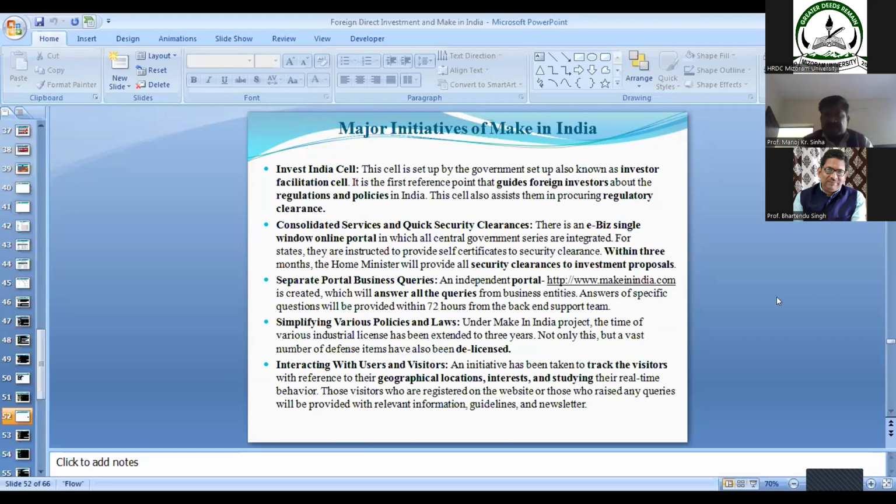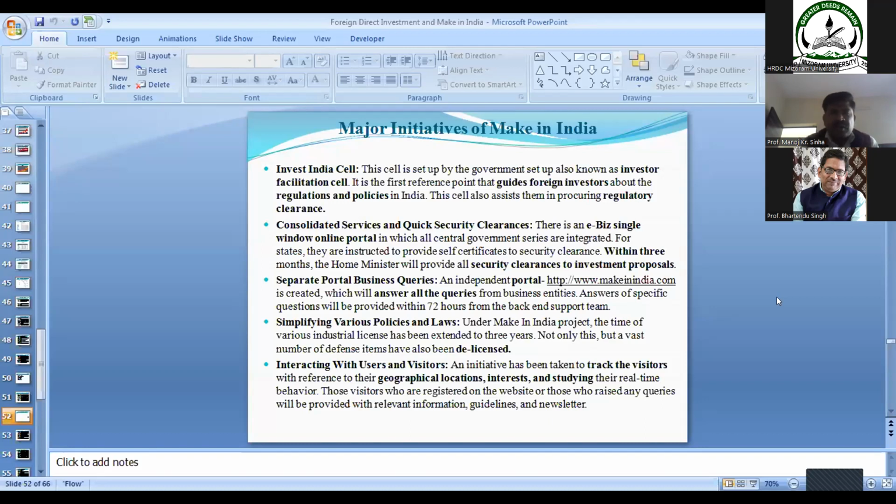It helps in procuring regulatory clearance. Another one is consolidated services and quick security clearance. For that purpose, the Government of India has set up an online single window portal, and investors can get security clearance for an investment proposal within 3 months.